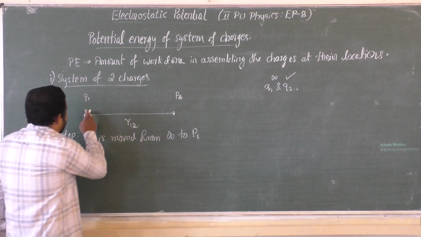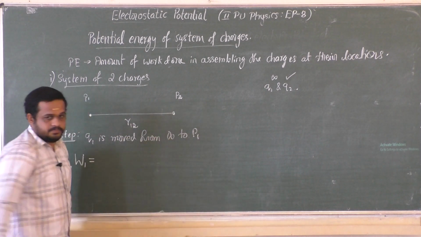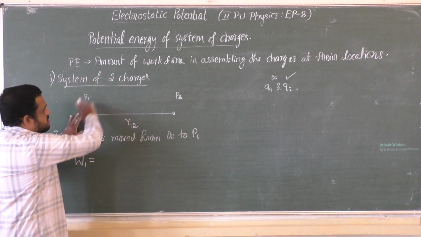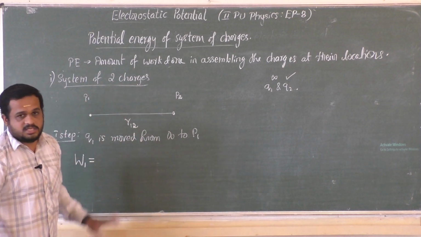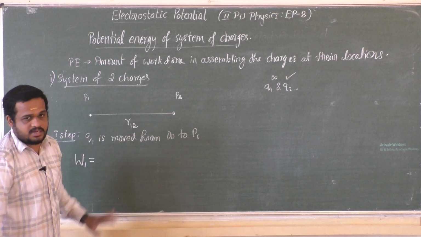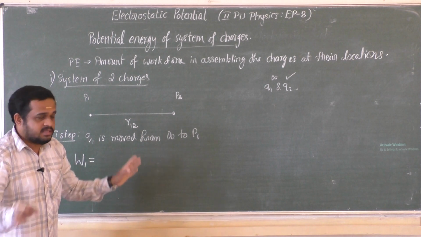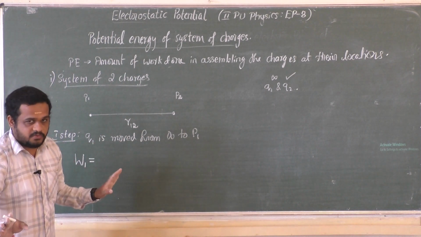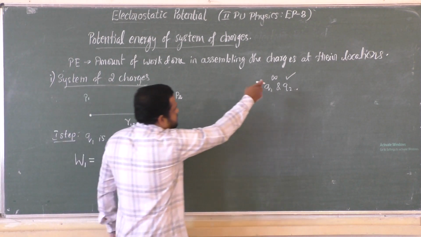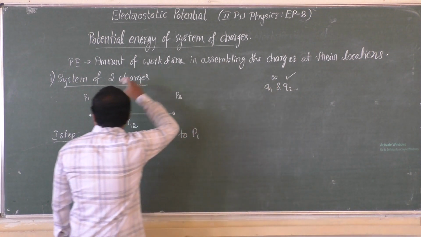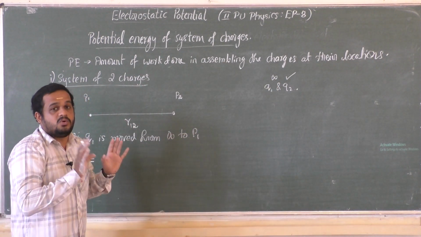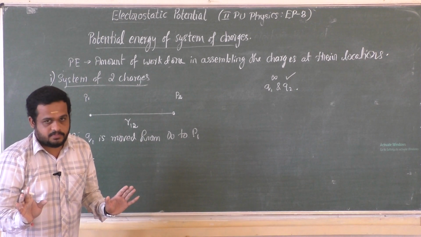See, we just considered two points. In this region, no other charge is available, no source charge. If there is no charge, there is no electric field. That means there is no electrostatic force. While shifting this Q1 from infinity to point P1, there is no opposing force.